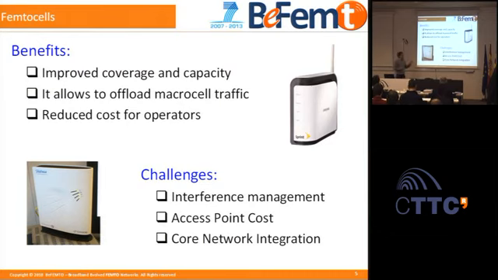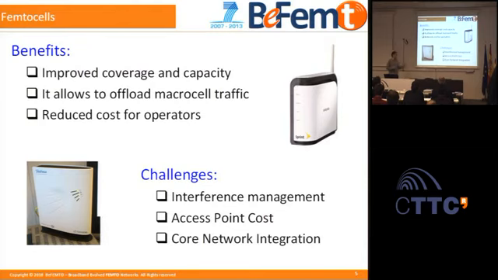The most important challenge that you can find, in my opinion, is interference management. This is a small base station, and it radiates and also receives signals. So it can provide interference to the macrocell, and it can also receive interference from the macrocell.